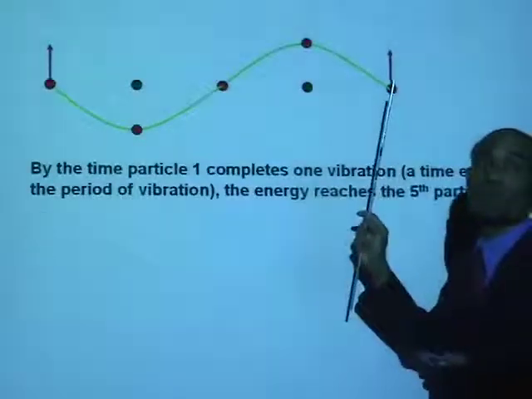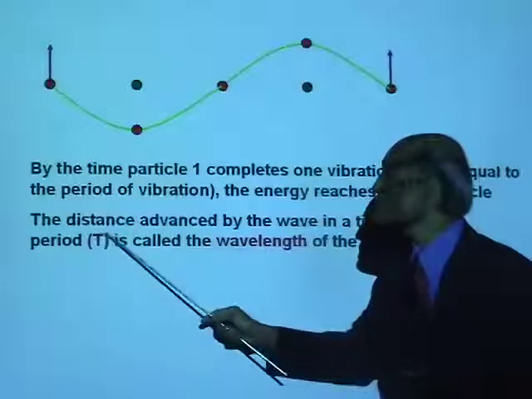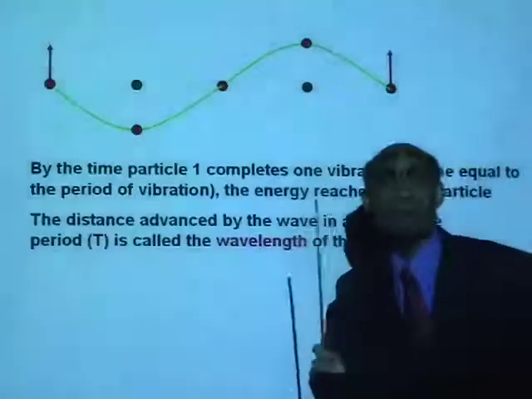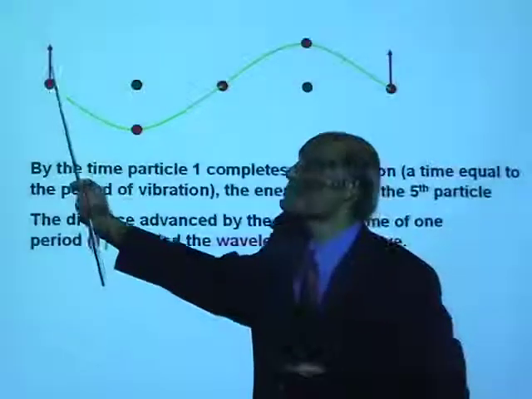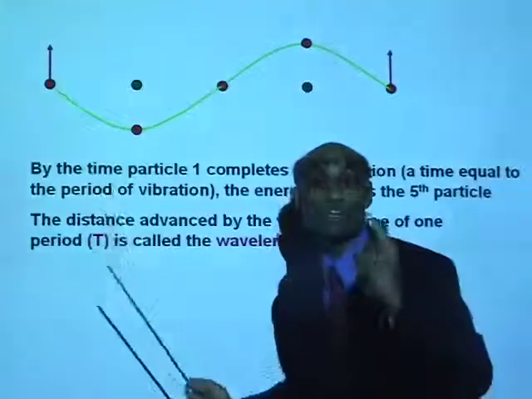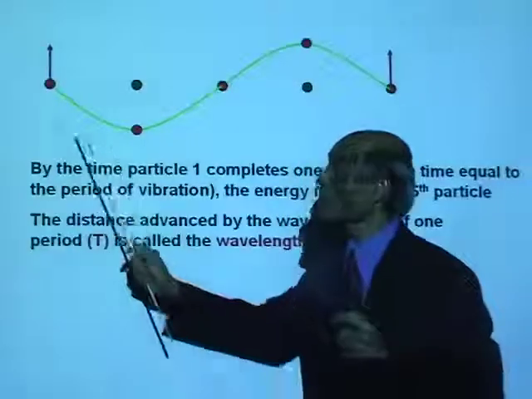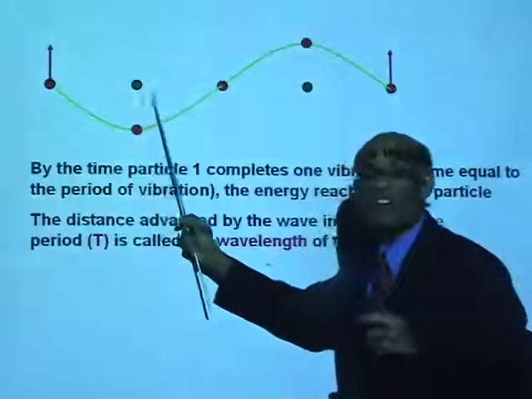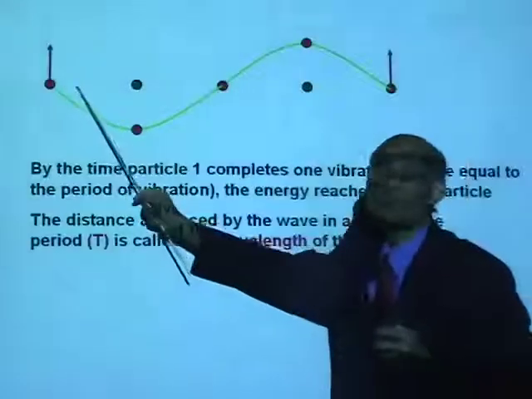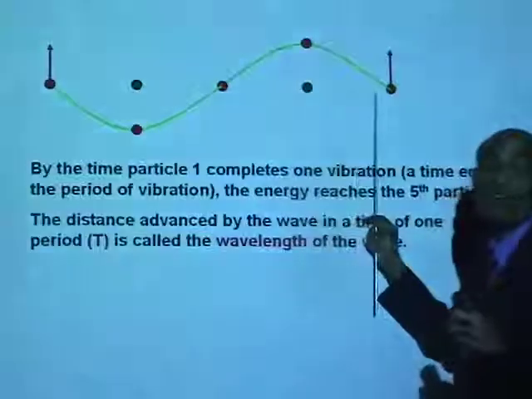You see? Very important information. The distance advanced by the wave in a time of one period. The time taken by the first particle to complete one vibration is one period. And what is the distance advanced by the energy during that time? It is the distance between particles 1 and 5.